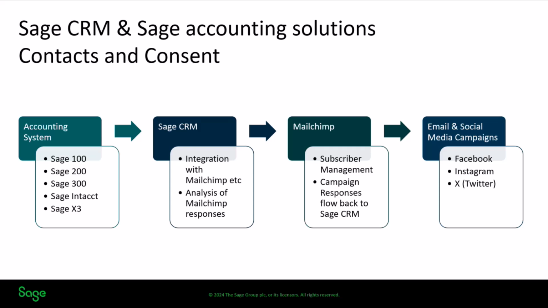It is outside the company, it's outside the system as well, which is then interacting and generating either social media interactions or through plain email clicks, etc., which are fed back into Sage CRM for additional processing.